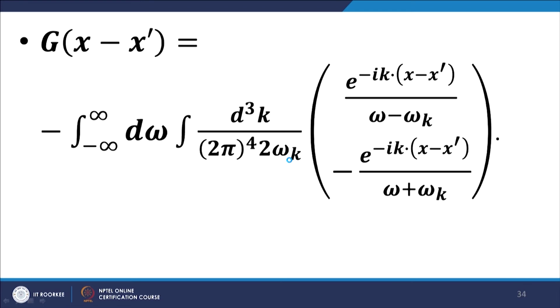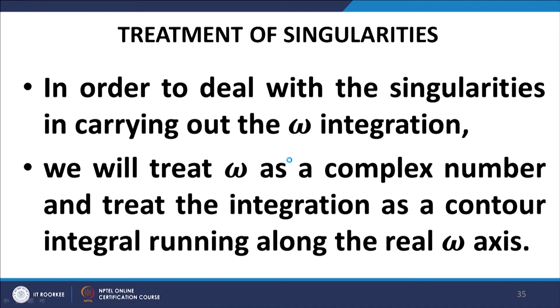The integration over k0 is written as integration over d omega, and the rest is simply factorizing omega square minus omega_k square and placing them as partial fractions. Now, clearly there are two poles of this expression.